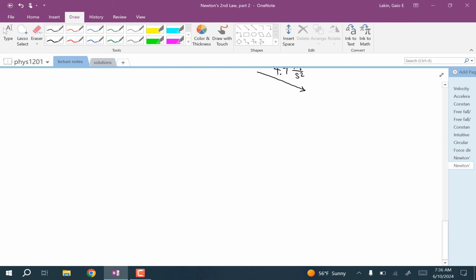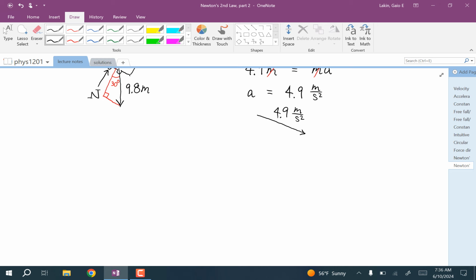Let's do one now where we have two bodies that are on an incline. Let's make this incline 10 degrees. And we'll have two of these bodies in contact.